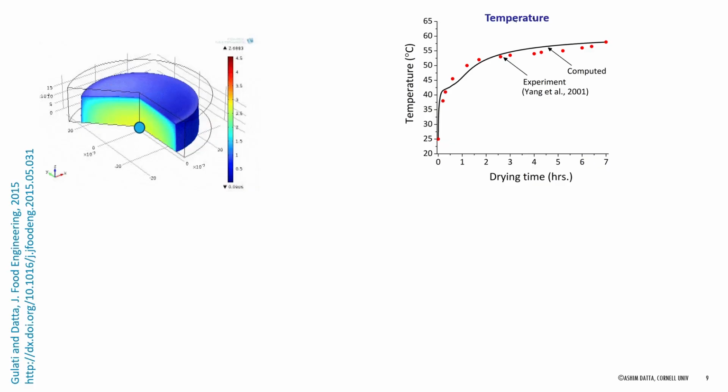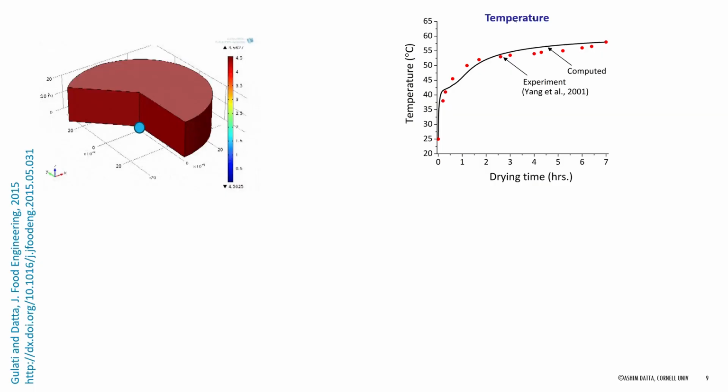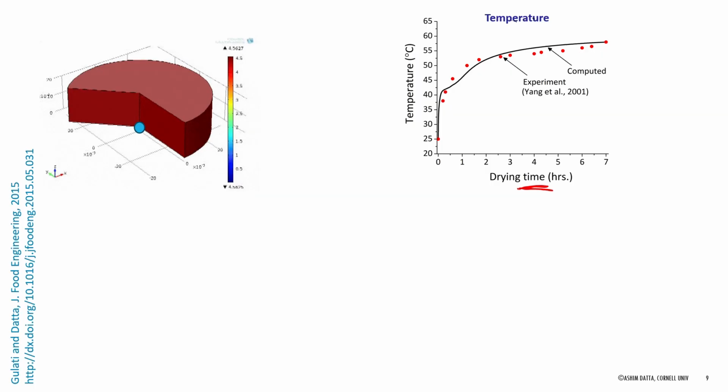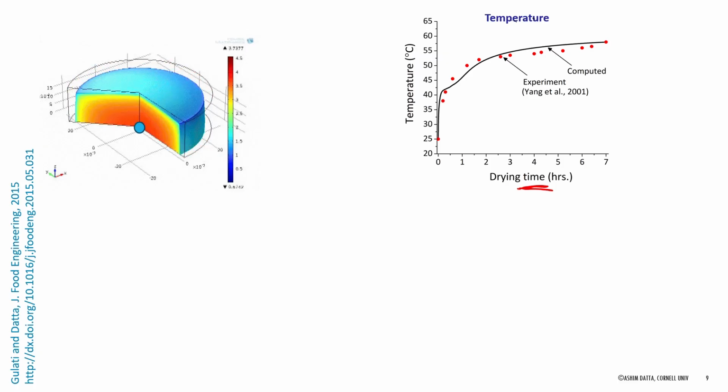So it becomes asymptote toward what's called the wet bulb temperature when there is quite a bit of water left. Now with time, much later when there is very little water left, then the temperature will start to rise to the drying air temperature. Now these simulations were not carried out that long, so you're not seeing that in here.